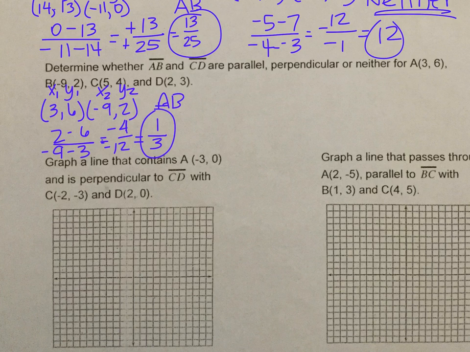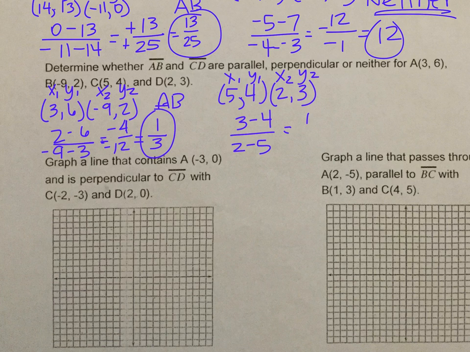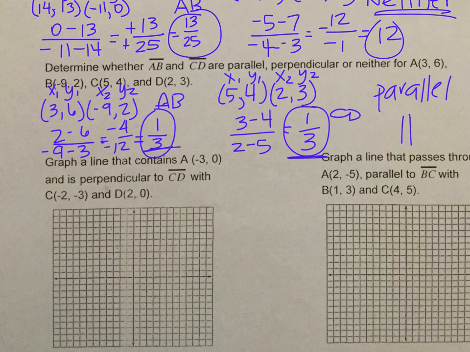All right, now let's figure out CD. 5, 4, 2, 3, x1, y1, x2, y2. 3 minus 4 over 2 minus 5. That gives me a beautiful 1/3. Look, they're the same. That tells me that they are parallel, or you can use the symbol parallel.